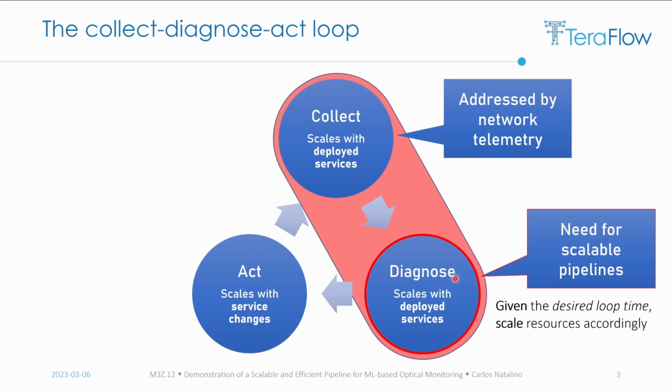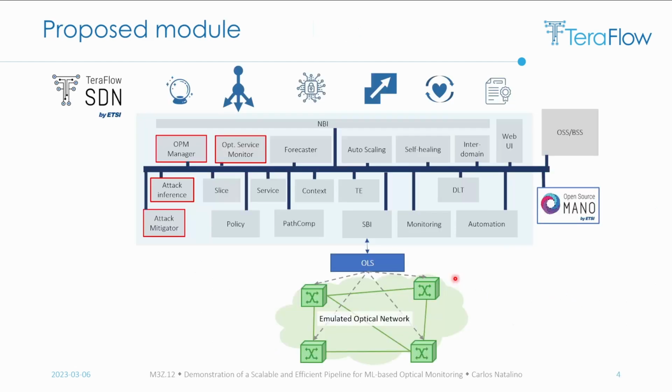In order to do this, we proposed a module, which is represented here in the context of the ETSI TeraFlowSDN, but again, the module can also be deployed in a standalone fashion. This module is composed of 4 main new components in addition to a cache, where we can use any standalone cache.